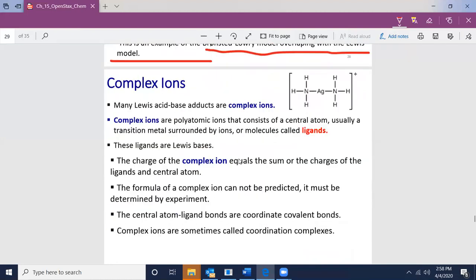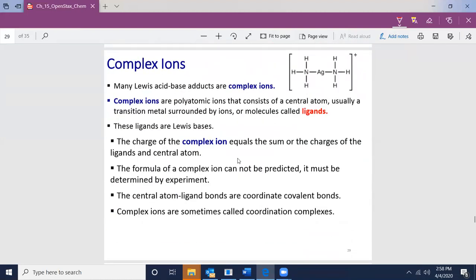The next part here is to discuss the complex ion. Complex ions are compounds that have the coordinate covalent bond in them. Many Lewis acid-base adducts are complex ions. Complex does not always mean bad; we'll see the applications of the complex ion. Complex ions are polyatomic ions. You see the charge here in parentheses.